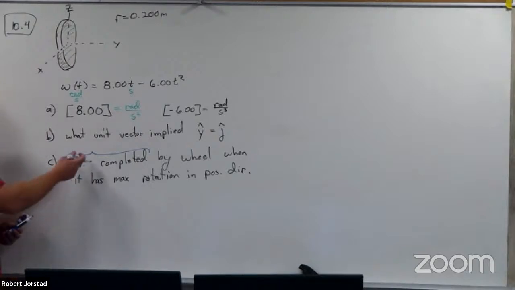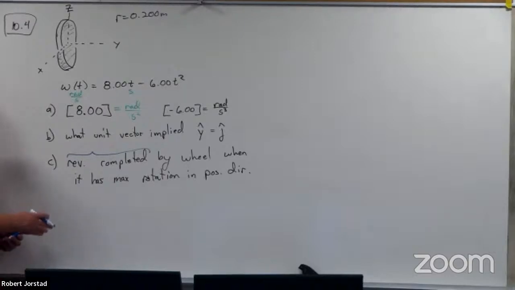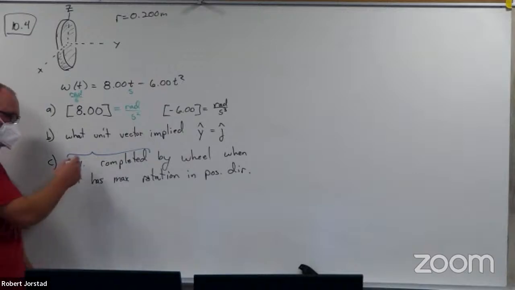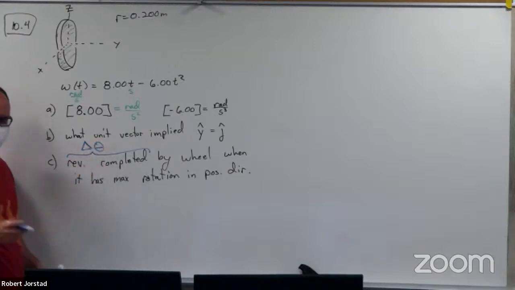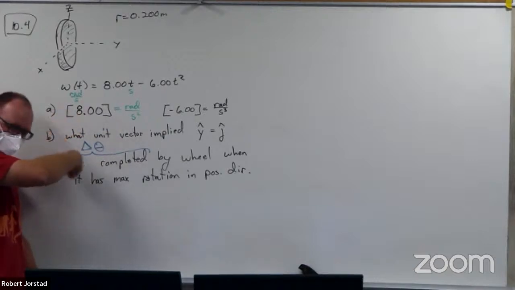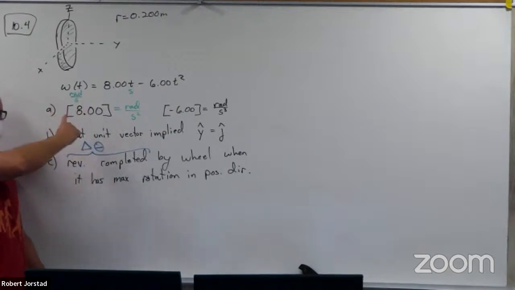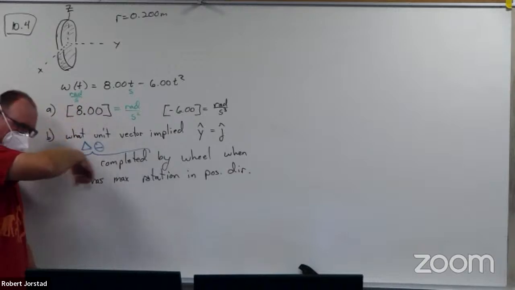For a variable name. S. S would be arc length for a point on the rim. Revolution is thus not quite delta theta. Theta is, right? If you know how many radians, isn't that how many revolutions? Isn't that how much theta? Revolutions, radians, theta.